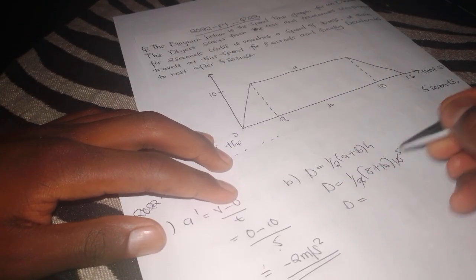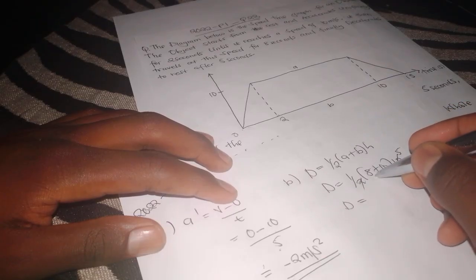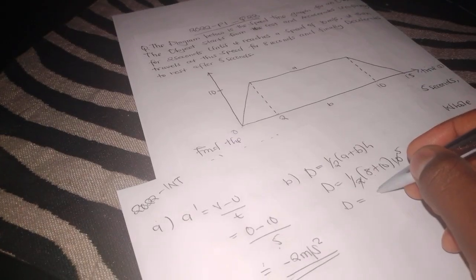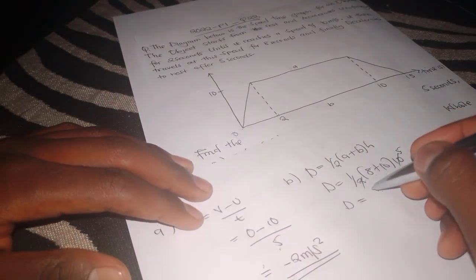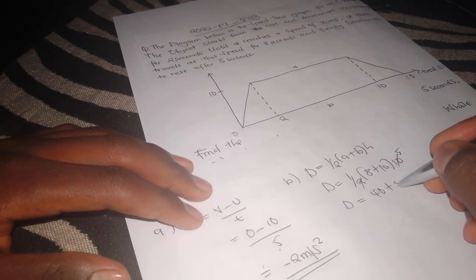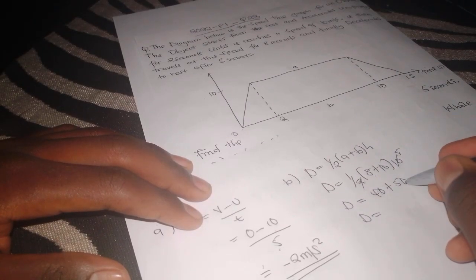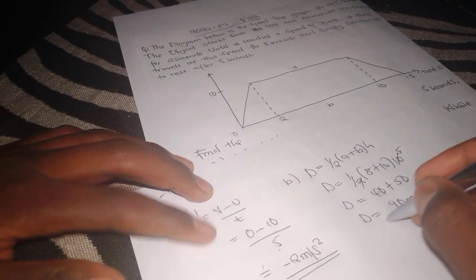Then we say 8 times 5 is 40, and 5 times 10 is 50. So distance is equal to 40 plus 50. We're going to have 90 meters. So this is our final answer for B.